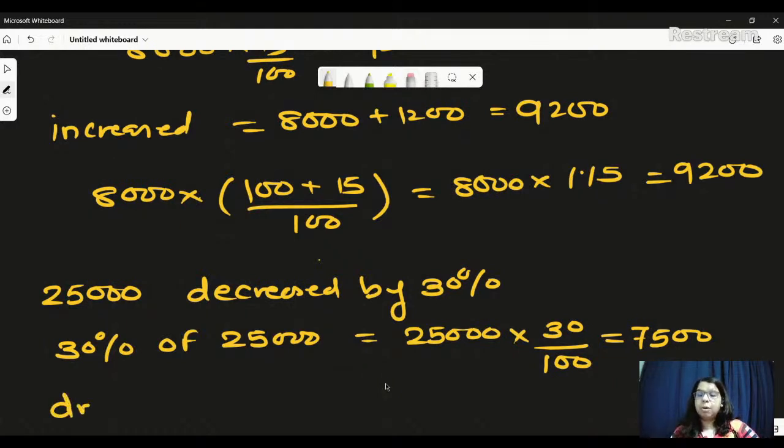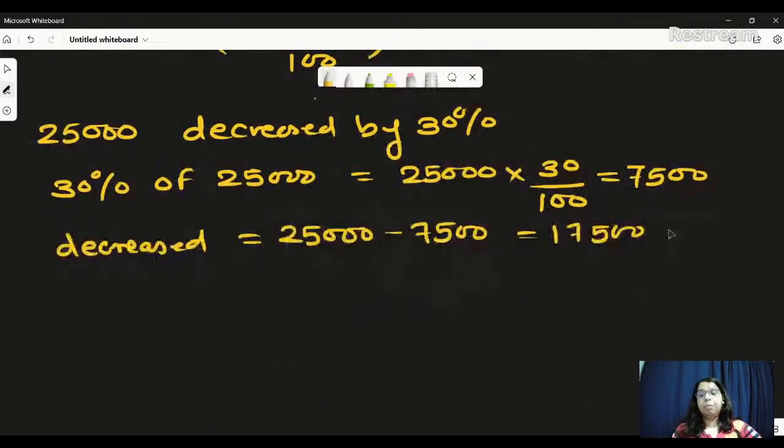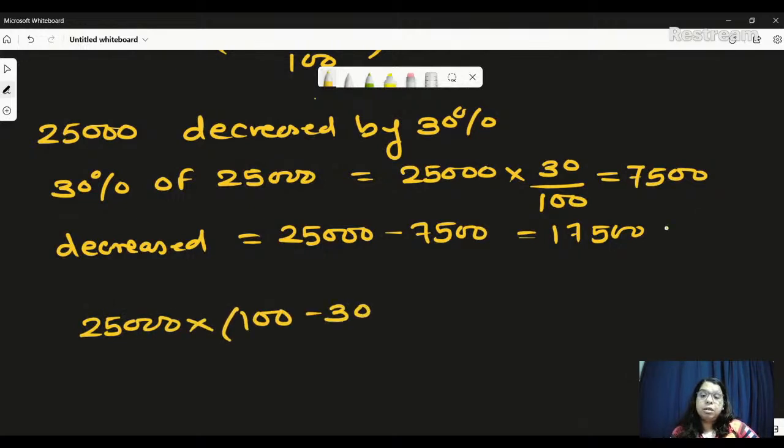So the decreased amount is going to be 25,000 minus 7,500, which is equal to 17,500. Now if we use the second method, we will get 25,000 multiplied by 100 minus 30 over 100.